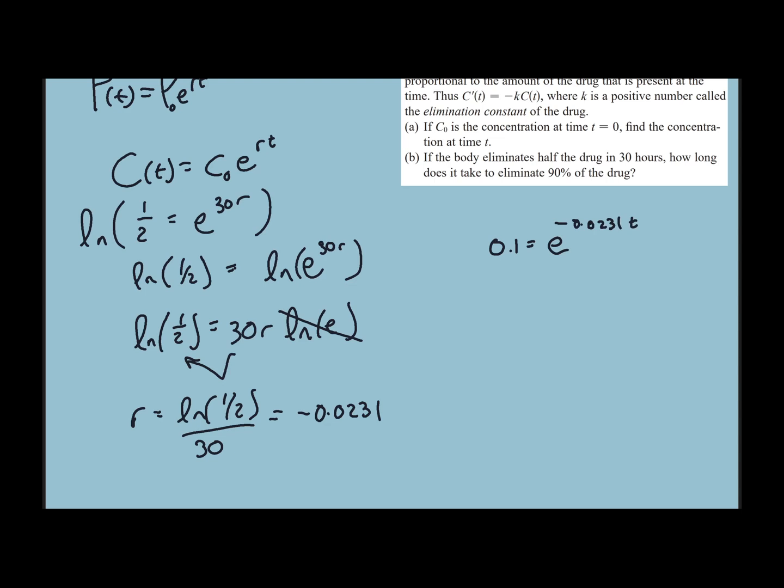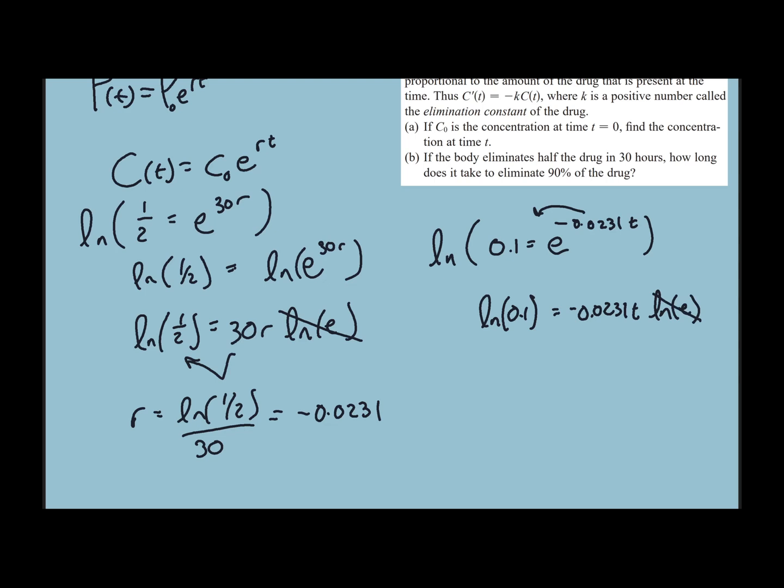That's a natural log to solve for, so we'll take the natural log of everything and bring that back out again. Should be getting good at this now. This is the last one we're going to do in this review. So that'd be negative 0.0231 t ln of e, which crosses out because the natural log of e is equal to 1.